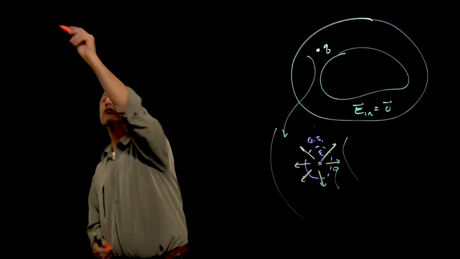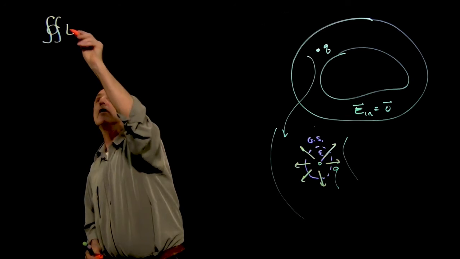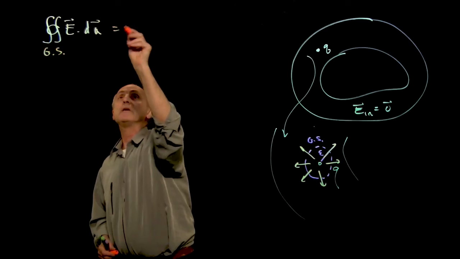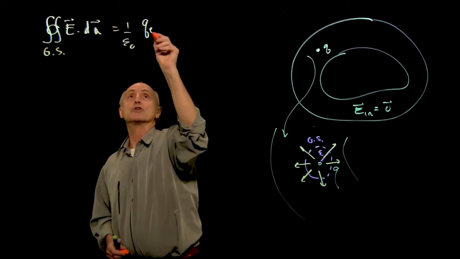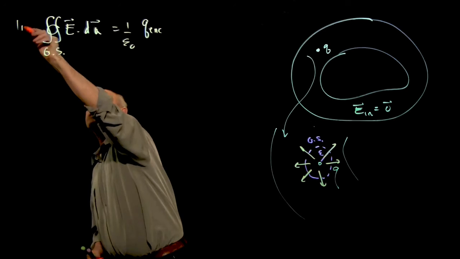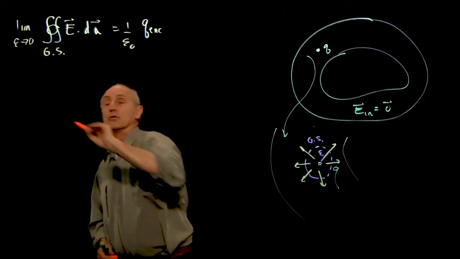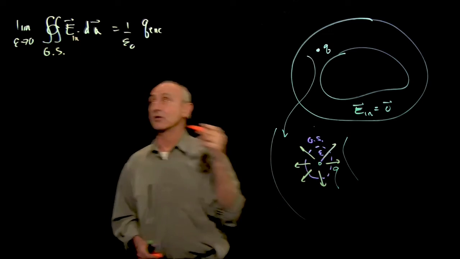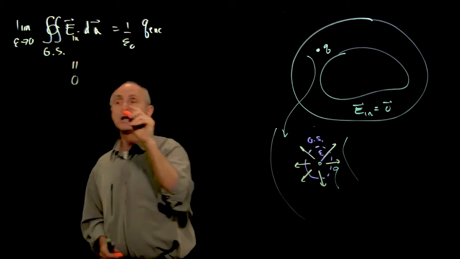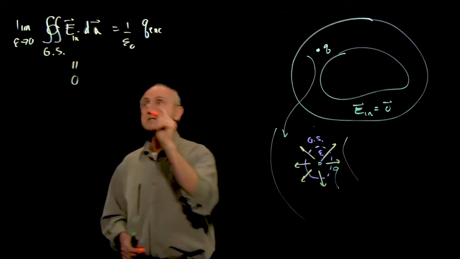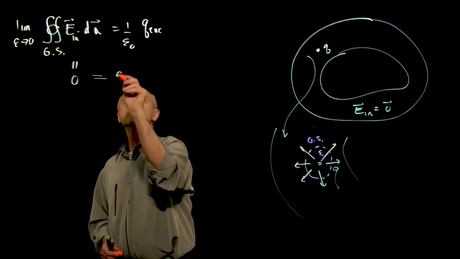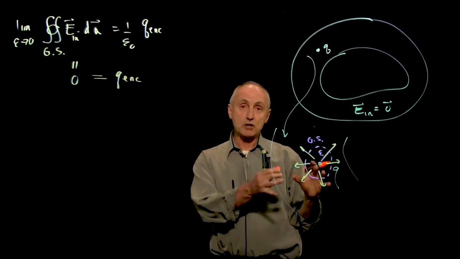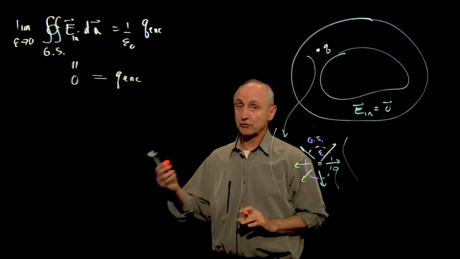And so we can say from Gauss's law that the integral of E dot dA through our Gaussian surface should be equal to 1 over epsilon naught, the charge enclosed. And here in the limit, as epsilon goes to 0, let's see what would happen. Well, the electric field, this is the inside of the metal of the conductor, so this side is 0. And so for surrounding our point charge with one tiny little Gaussian surface, the conclusion is that Q enclosed is 0. So there can't be any charges in the metal of the conductor by Gauss's law.